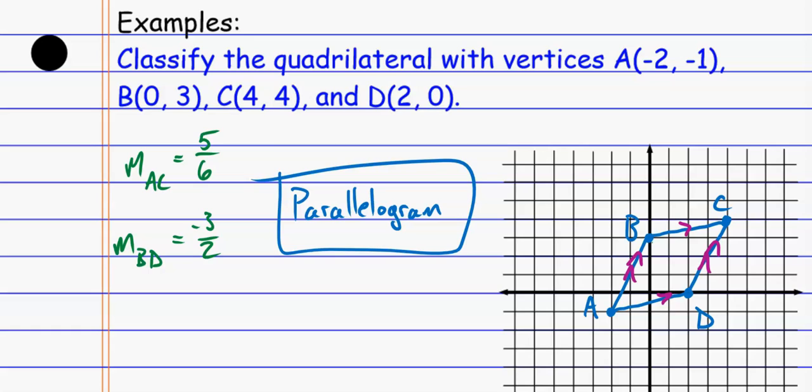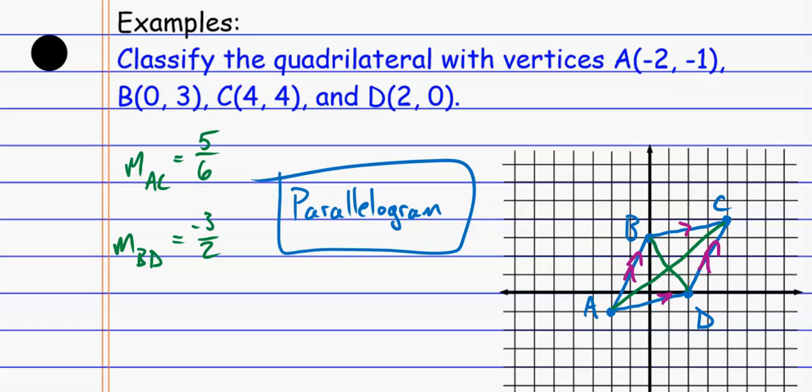You could also look at the diagonals and just say, hey, do they bisect one another? Because that would also tell you if this thing was a parallelogram. You could find the midpoint of BD, and you could find the midpoint of AC and see if they're the same using your midpoint formula.